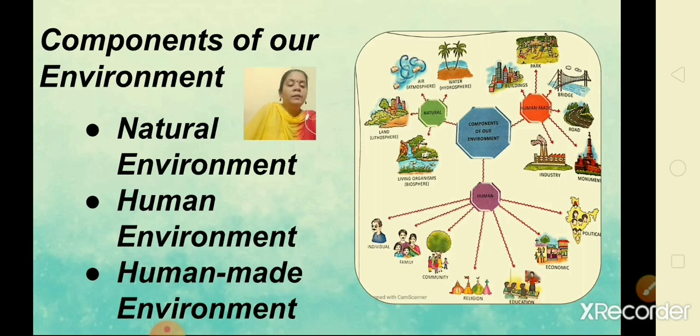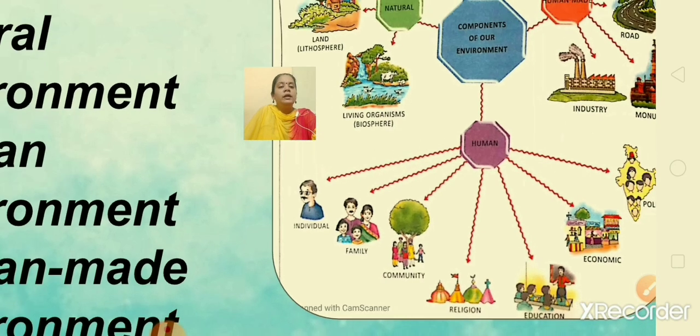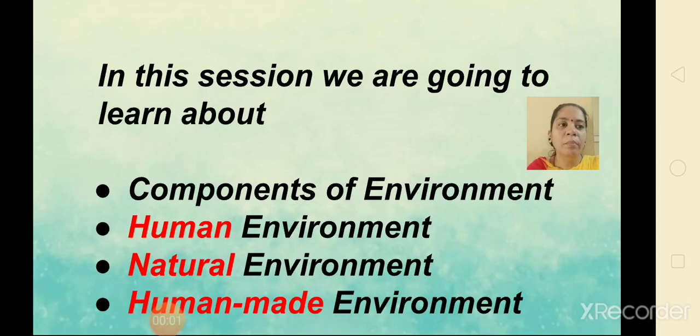For example, see children, under human made environment we have individual, family, then we have community, right? We have education, economic, our country as a whole. All this fall under the category of human made environment.